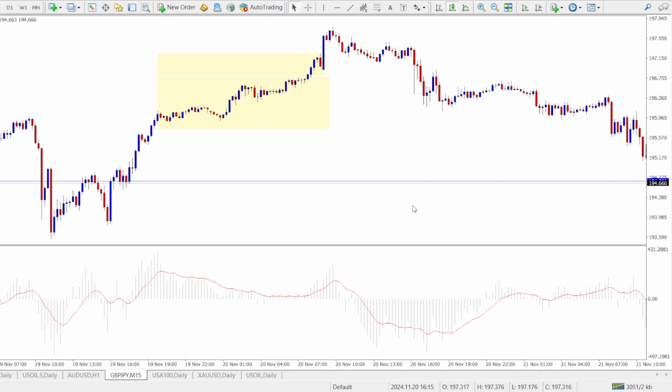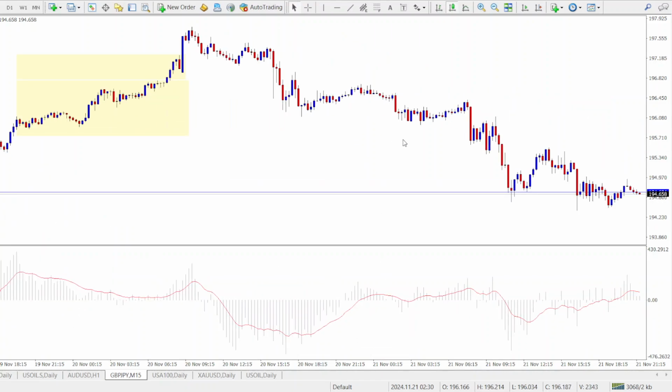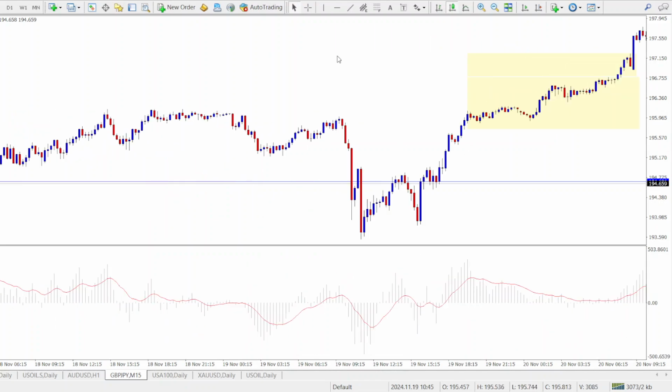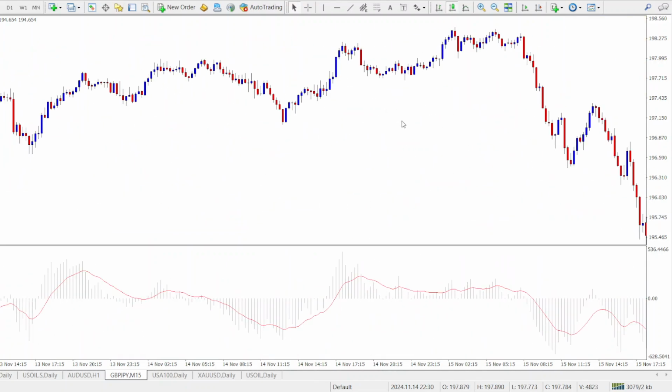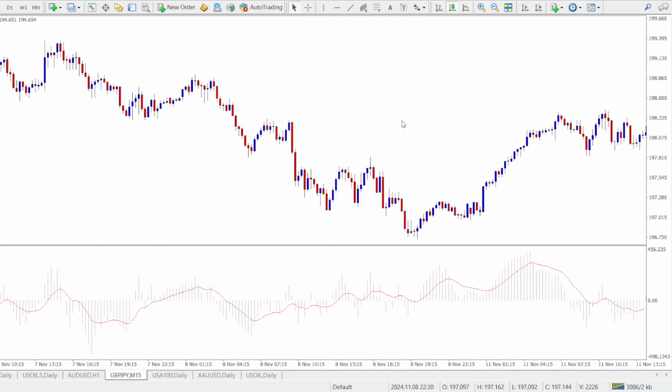But in a ranging market, you might not always know when the reversal would happen within the consolidation zone. Let us see if we can find such an example.